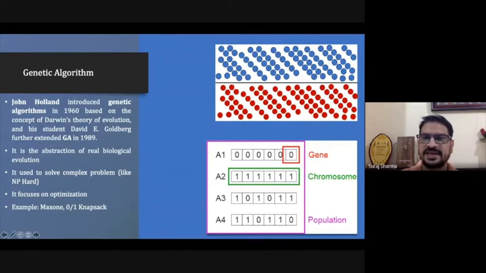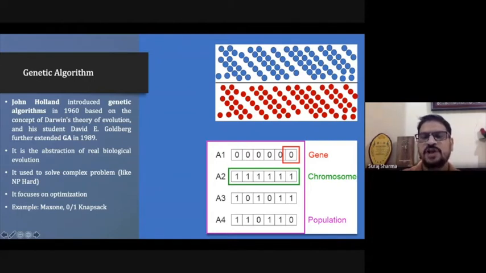Let's see, this is the India population. You assume that. Now there are some good persons and some bad persons. Let's say the population of good persons I have put as blue, and the population of bad people I have put as red. Now let's say they have divided the good people and the bad people based on some value.